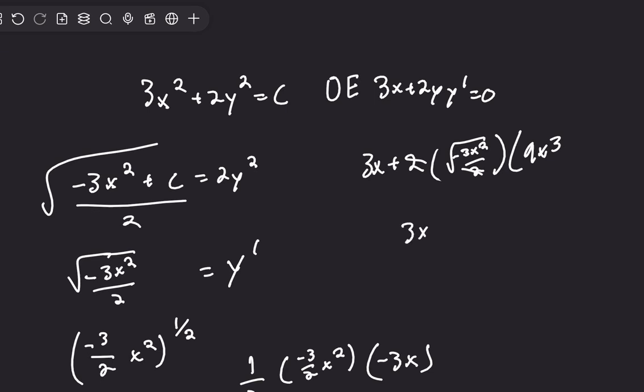So now we have 3x plus 9x cubed times that will end up giving us this squared will cancel out because we canceled out our 2's, and we'll be left with negative 27x to the 4th. And now the only way this equals 0 is when x equals 0, but we can also take out a 3, and that's just still going to give us x minus 9x cubed.